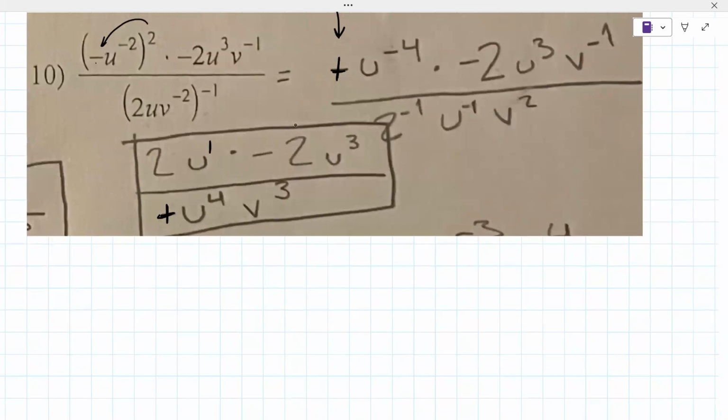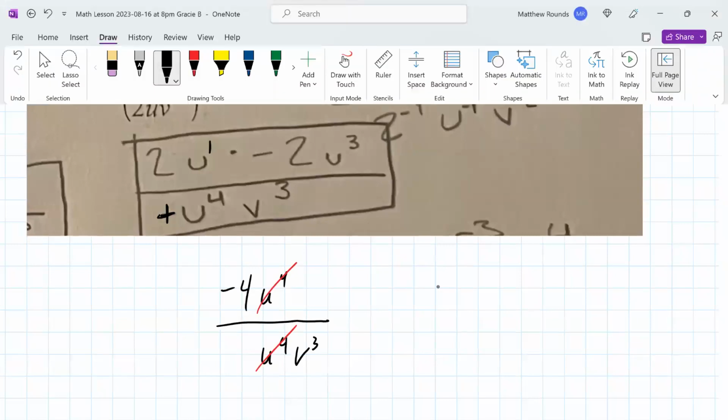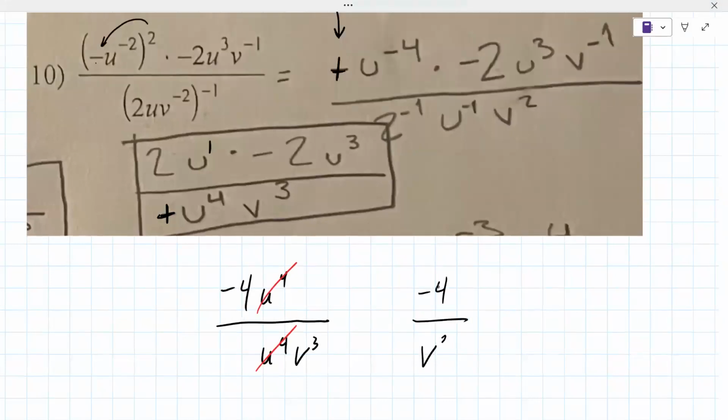So the numerator here becomes -4 u to the 4th over u to the 4th v cubed. And then these cancel. Like that. So really, really close.